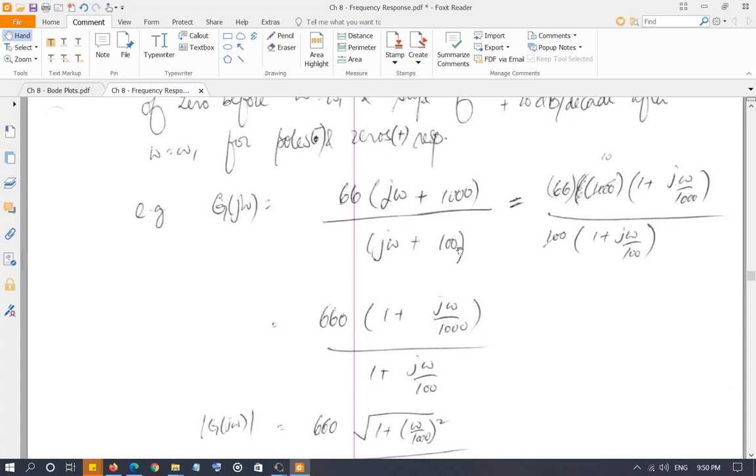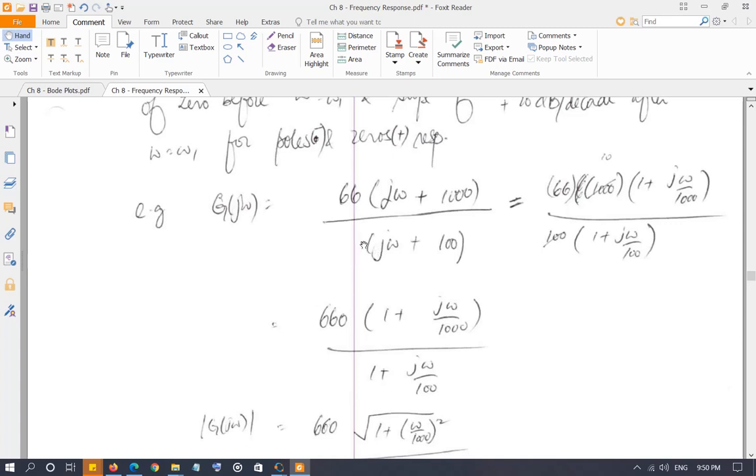The first thing you're going to do is write this in terms of 1 plus j omega, right? So you're going to divide the numerator by 1000, and you're going to divide the denominator by 100. So this is going to become 66 divided by 1000, 1 plus j omega over 1000.